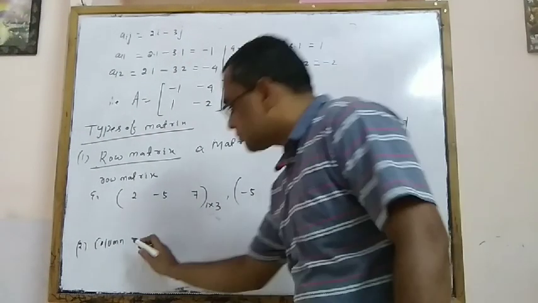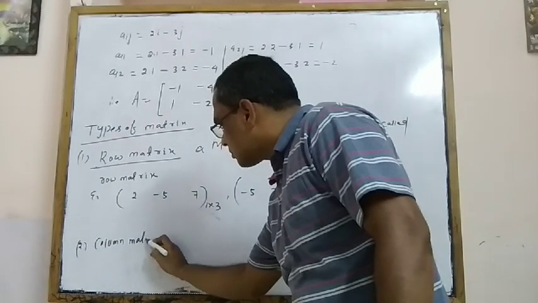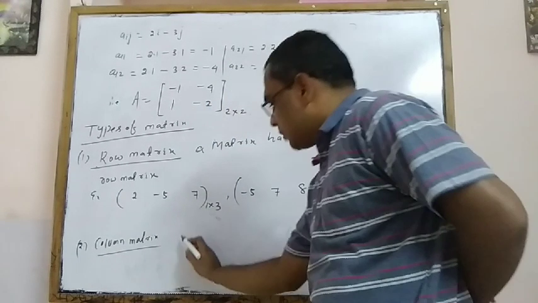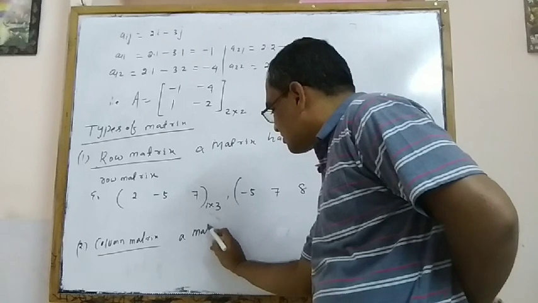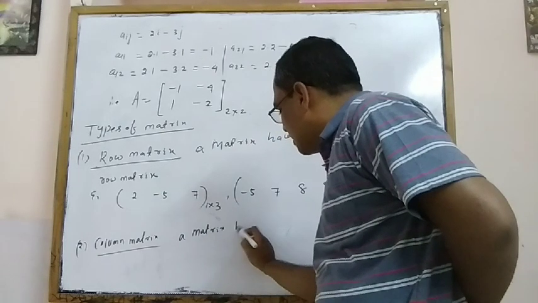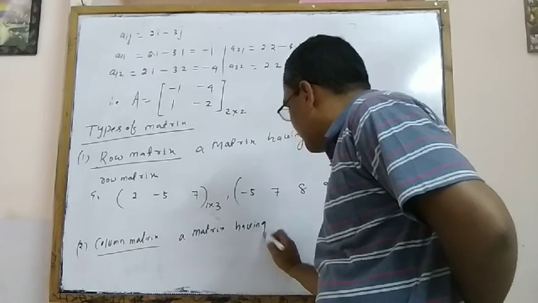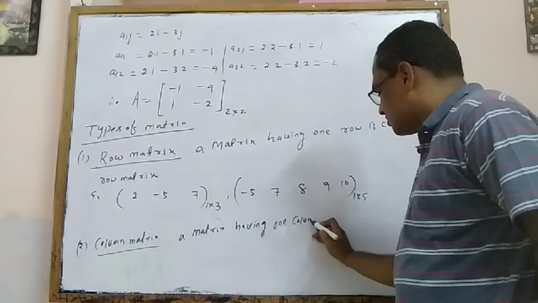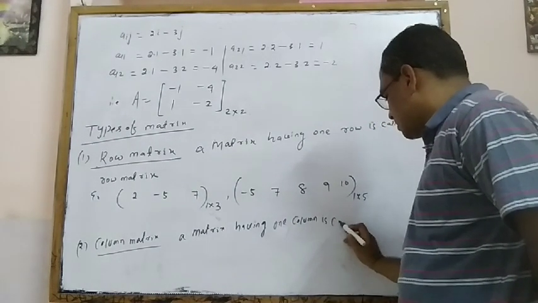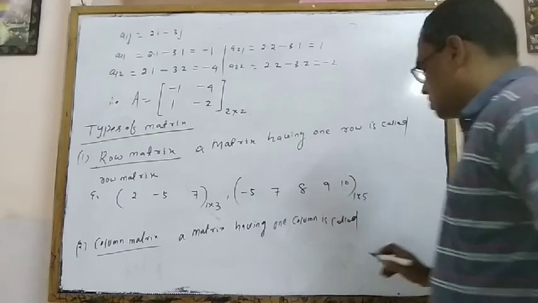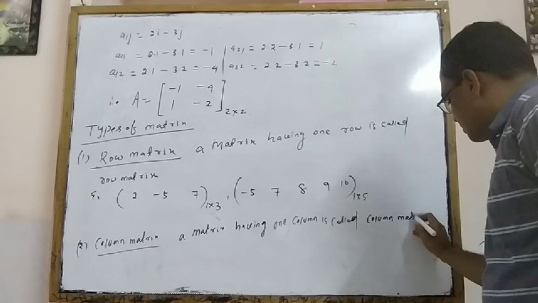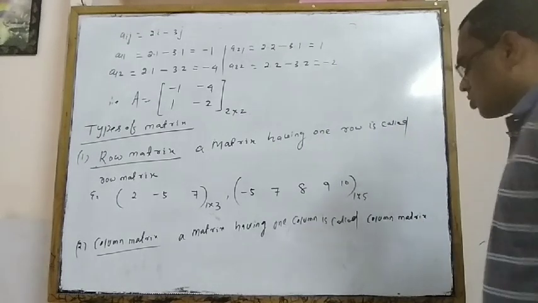Next, column matrix. What is a column matrix? A matrix having one column is called a column matrix.